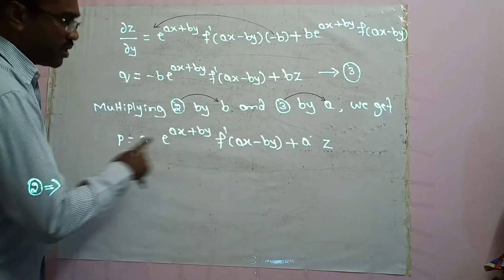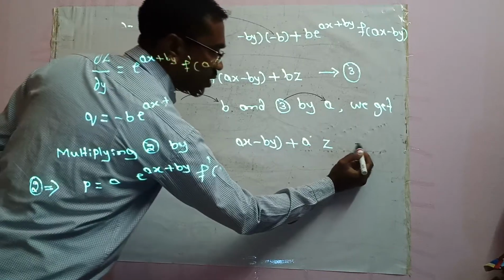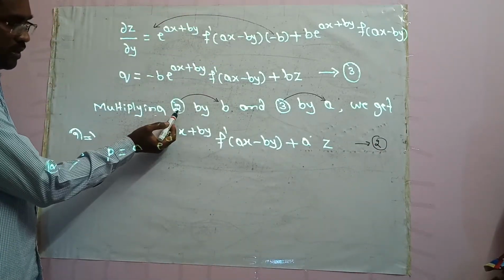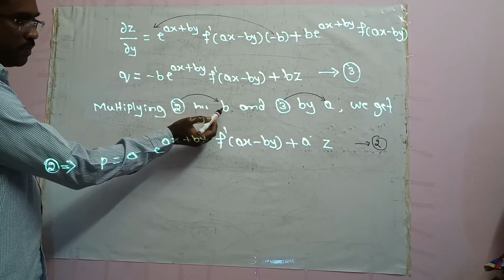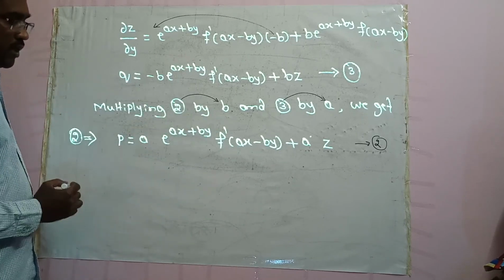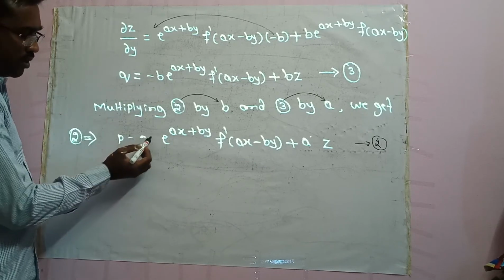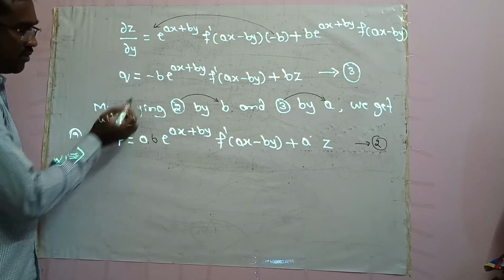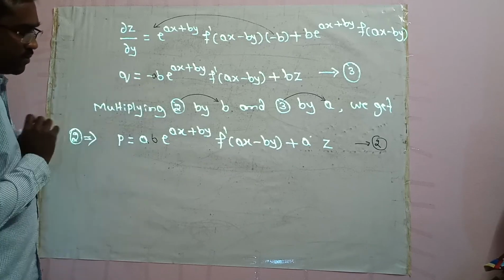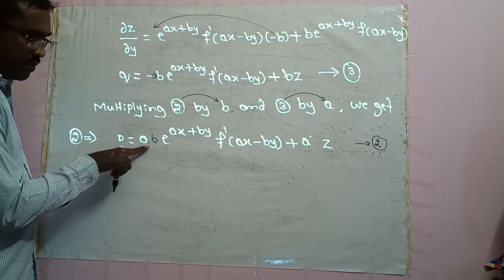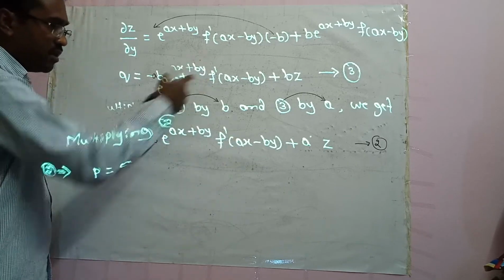See, this was our equation number 2. So what are we going to do? We are multiplying this equation 2 by b. Our aim is, see here we have a, here we have b. If we get b and if we get a here, minus ab and plus ab, the same thing, will get cancelled after adding.